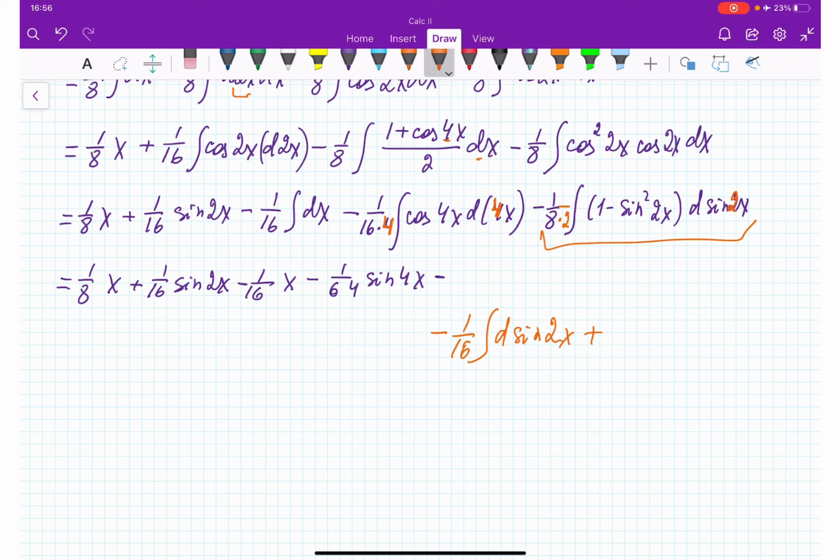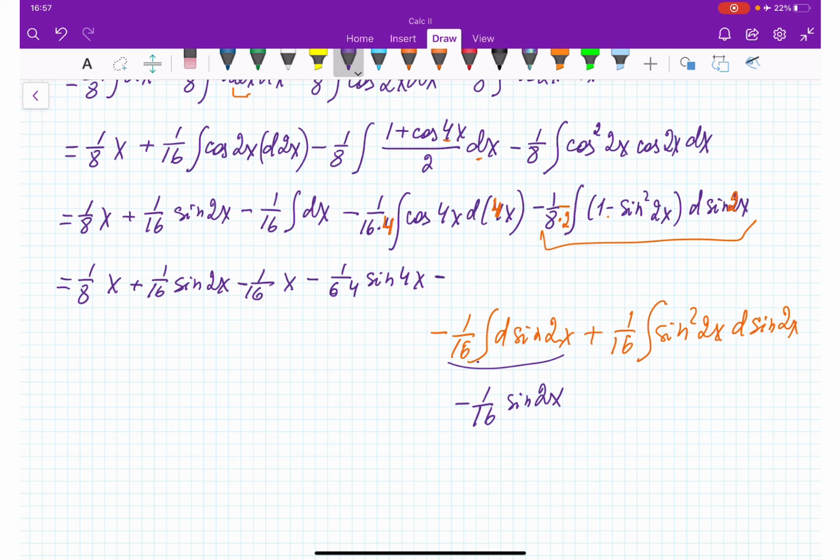And plus 1 over 16. So I'm opening because I have negative in front, right? Plus 1 over 16, and with this negative, it's going to be plus. Going to be sine squared 2x, d sine 2x. Now, from this one, it's clean going to come out sine 2x. Why?